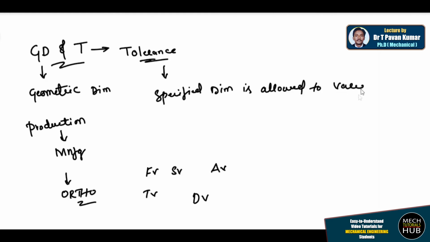We can give some provision to that particular feature when it comes to dimensions. That is nothing but a tolerance. When we go in depth in the lecture, you'll understand.